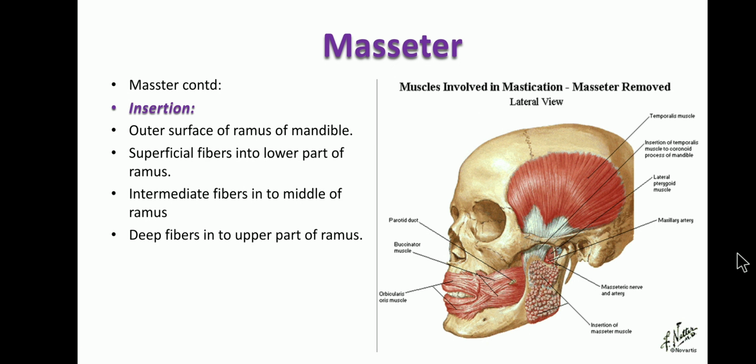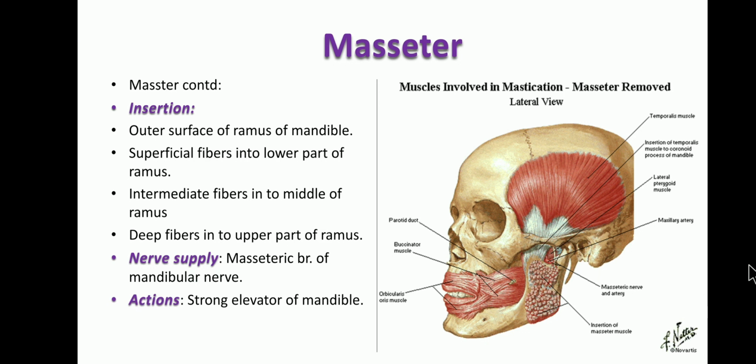And this masseteric nerve also gives an articular branch to the temporomandibular joint. So it is mainly supplied by the masseteric nerve, which is intimately related to the mandibular notch, and then supplies it from the deep surface.